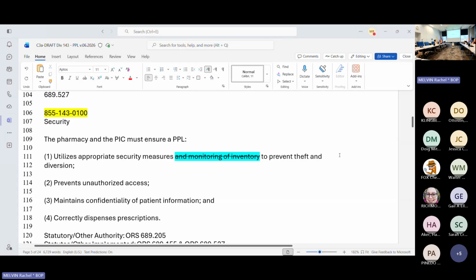Can I go? Okay. All right, so we use the terminology adequate safeguards for our security of prescription area. To me, I would love to see continuity throughout our rules. So would we feel better if it utilizes adequate safeguards to prevent theft and diversion?